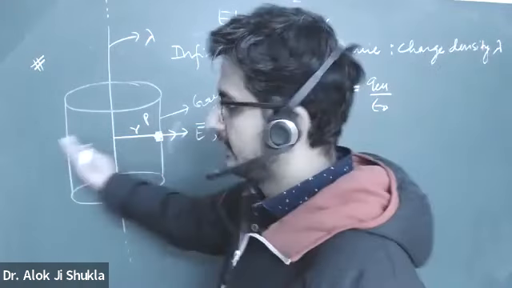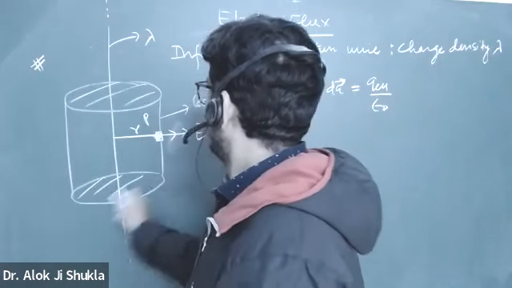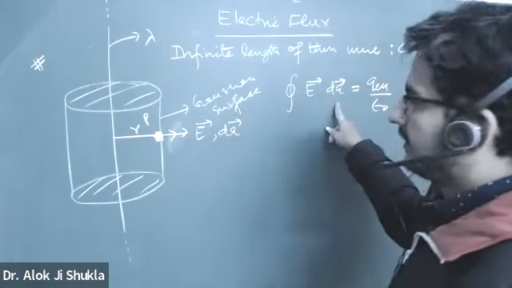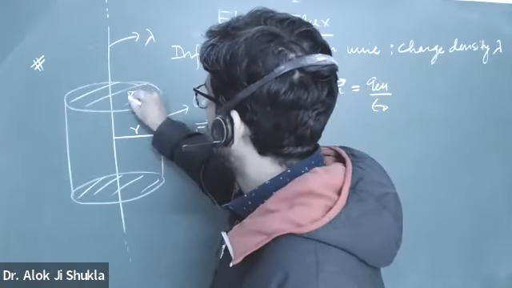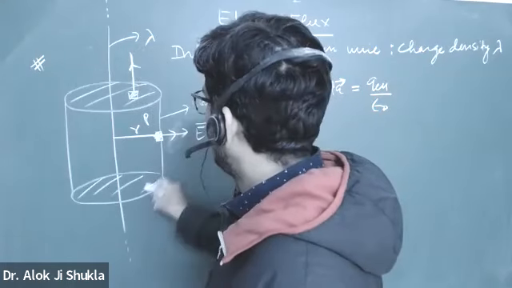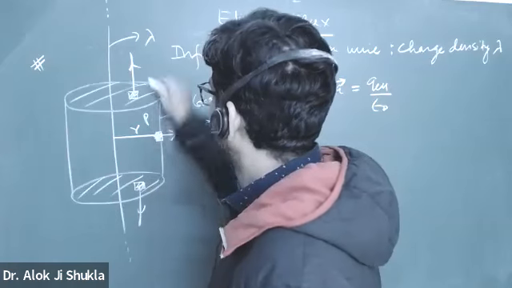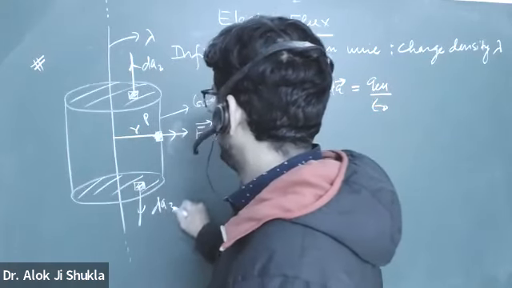So one surface is this curved surface and two surfaces are this and this. So this integral will be broken into this, then a small area you should take here, and a small area here. Let us call this dA2 and this dA3.